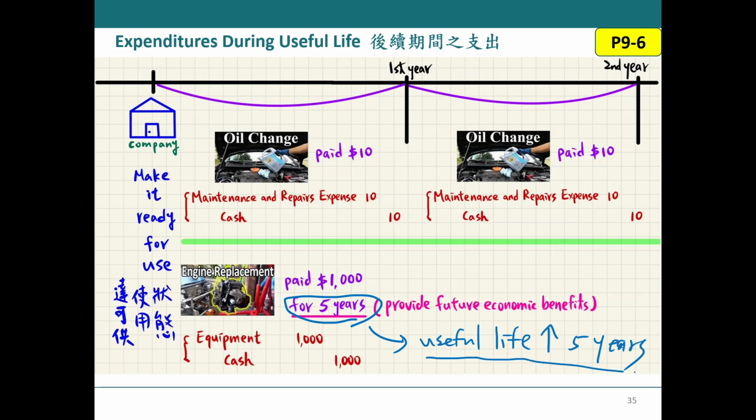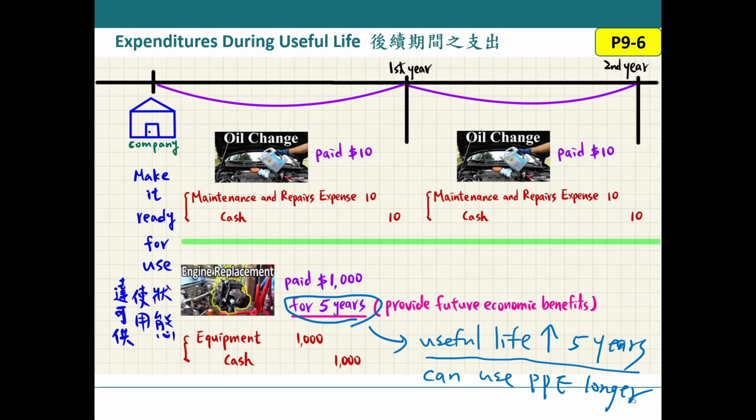Okay, so you can use PPE longer. So do you have a future economic benefit? Yes. So remember, we record it as assets. Okay? Any questions? No? Then we're done.